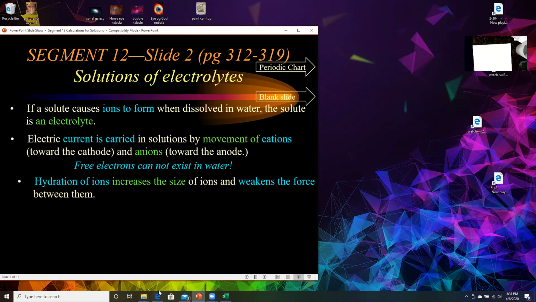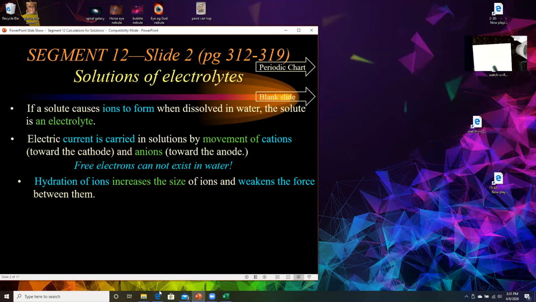Now, when you put any ion into water, we've already discussed that ions are typically charged. They're charged either positive or negative, but we know that the water molecule has a permanent dipole moment. It has a negative part and a positive part. The negative part is around oxygen. Oxygen is more electronegative than hydrogen.